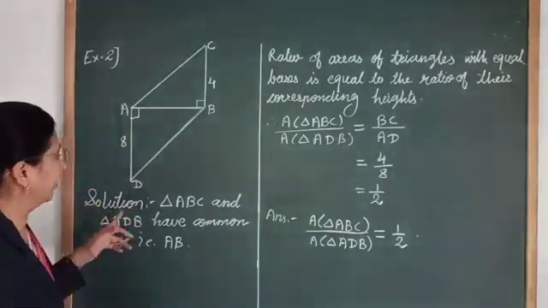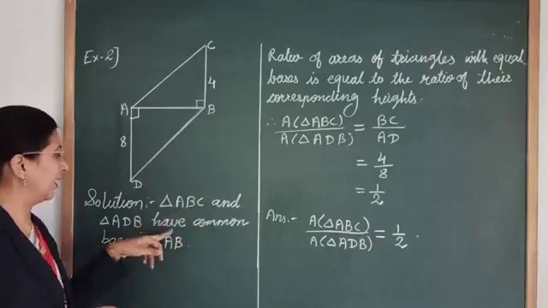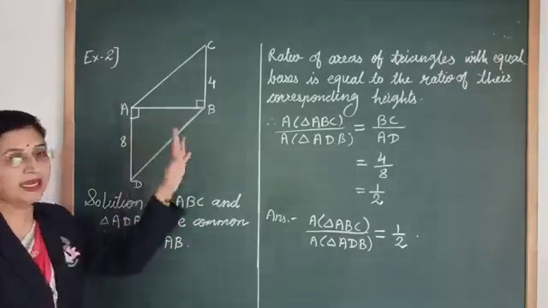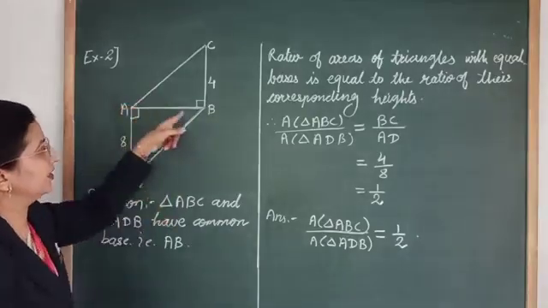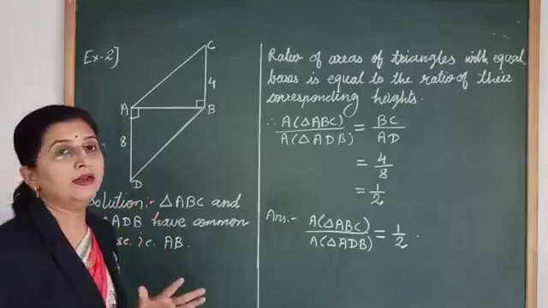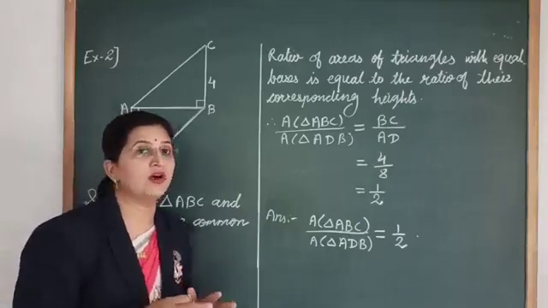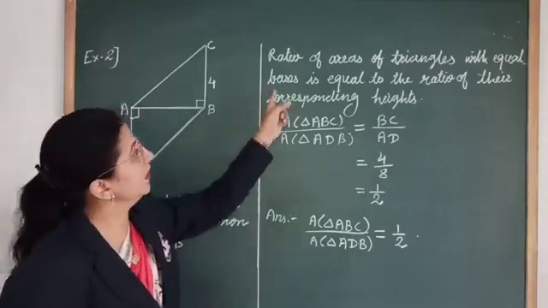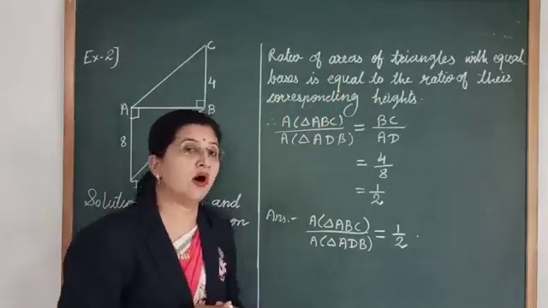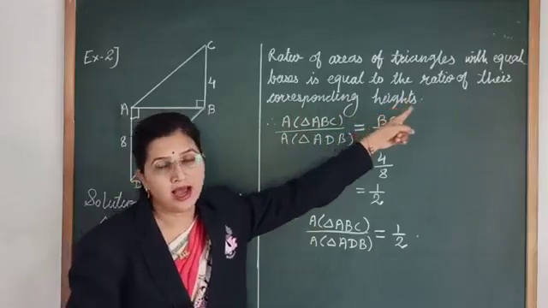Okay. So here, triangle ABC and triangle ADB have the common base, that is AB. These are triangles with the same base, that is AB. And we know that the ratio of areas of triangles with equal bases is equal to the ratio of their corresponding heights.